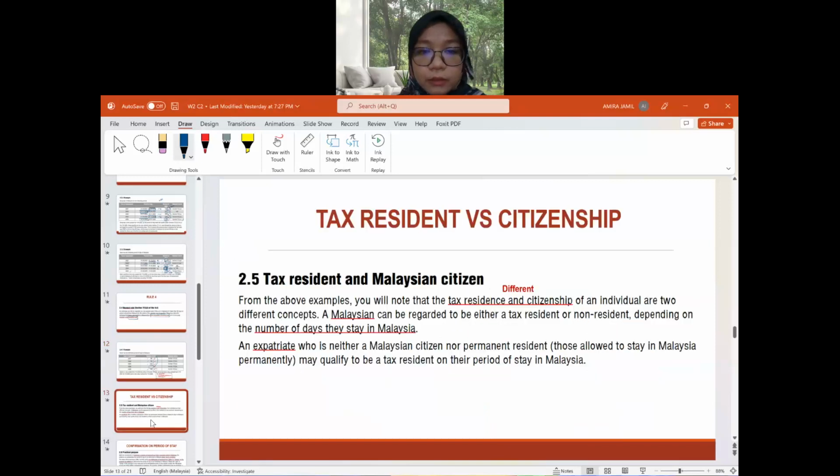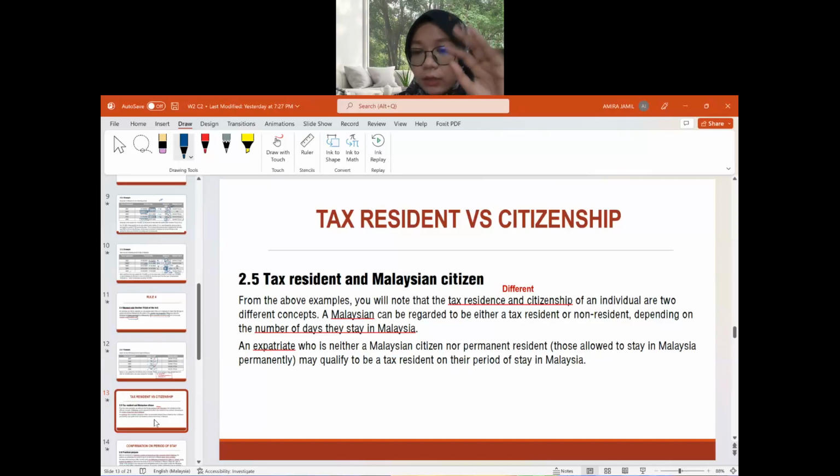Tax resident versus citizenship is a completely different concept. You cannot confuse tax resident and citizenship, because a Malaysian citizen, if this Malaysian citizen does not stay in Malaysia, he or she cannot be considered as tax resident.